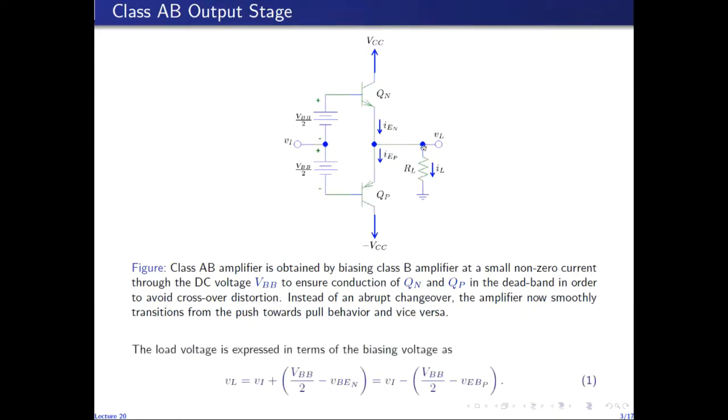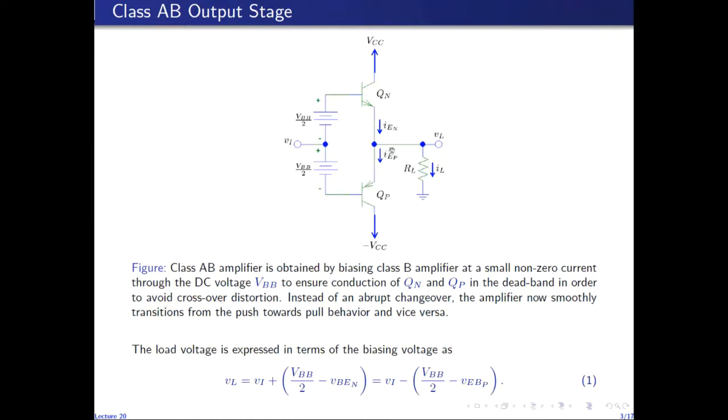From this circuit, we can see that the load voltage VL can be expressed in terms of the input voltage VI through either this loop or this loop. If we go through this loop, then VL is given by VI plus VBB by 2 minus VBE of Qn.